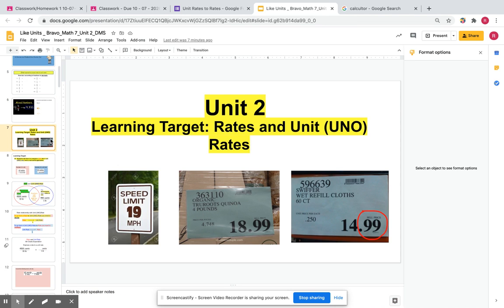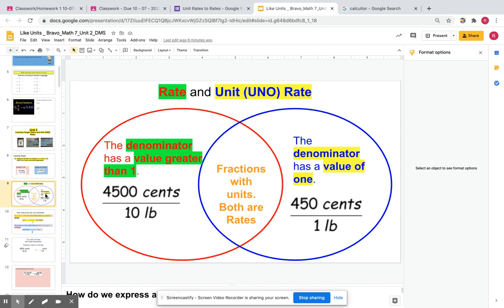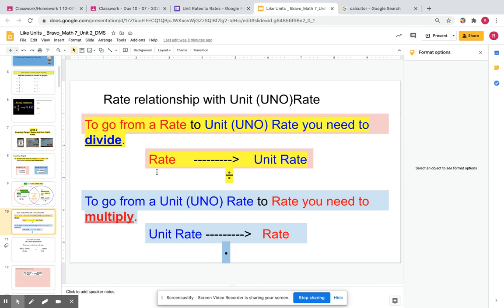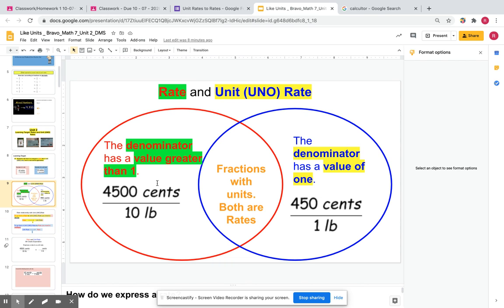The main concept that we're learning is how to simplify fractions to the point that your denominator is the value of 1. So once again, you're learning how to simplify by using division, how to simplify a rate or a fraction to a unit rate where the denominator is 1.